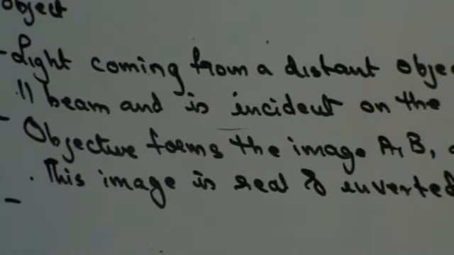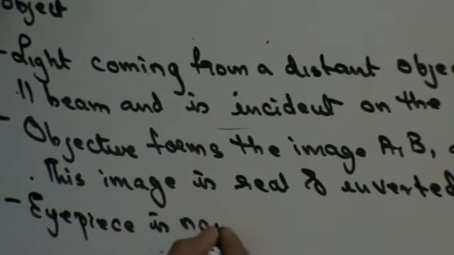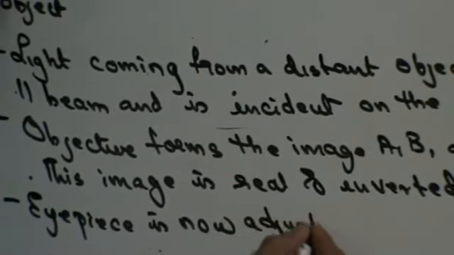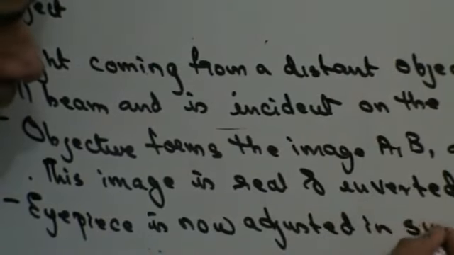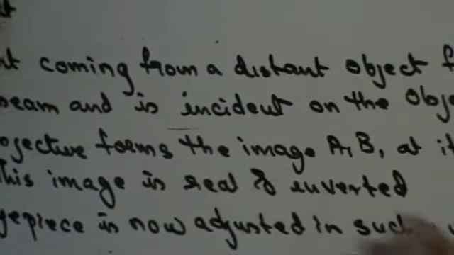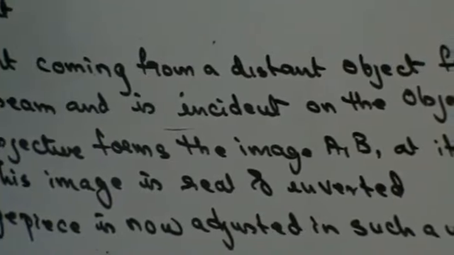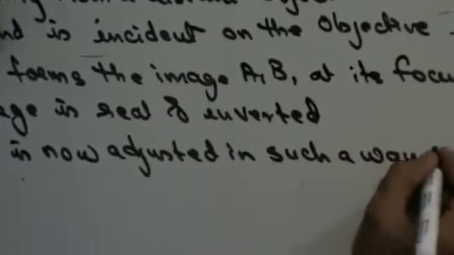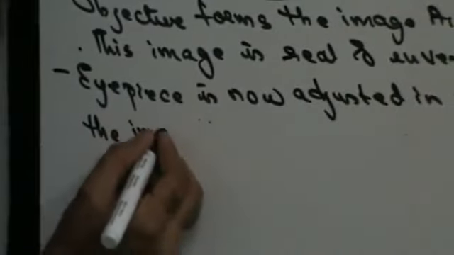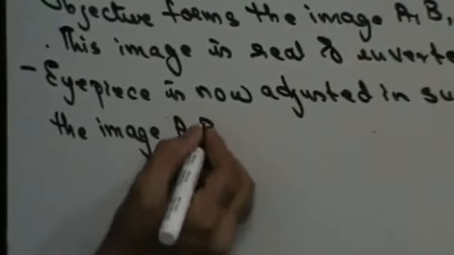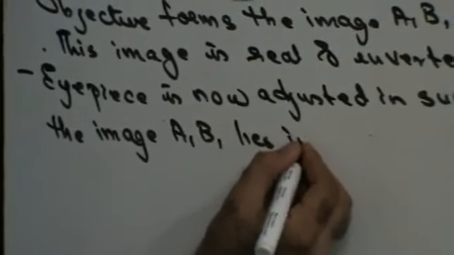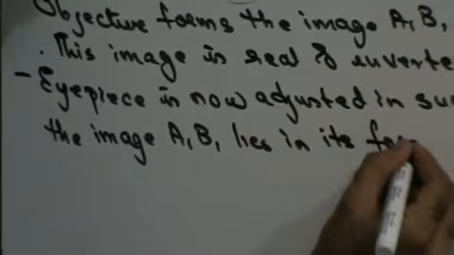Right? Now the eyepiece is adjusted in such a way that the image A1, B1 lies in its focal plane.